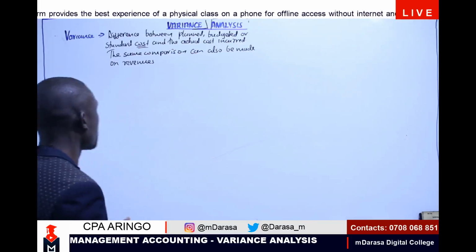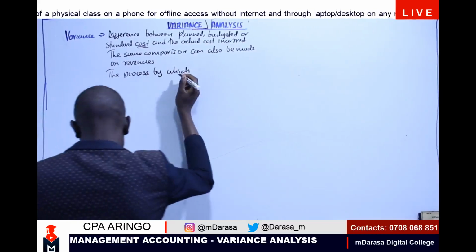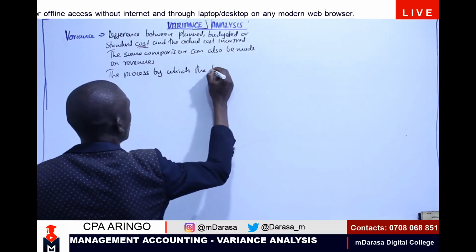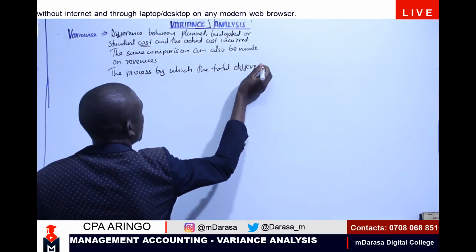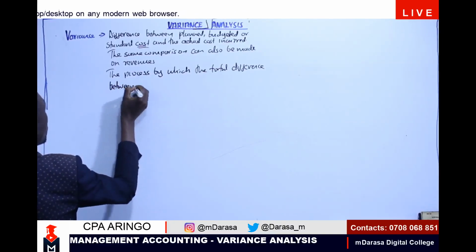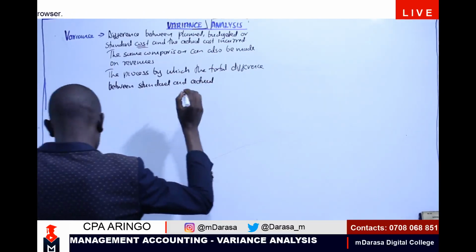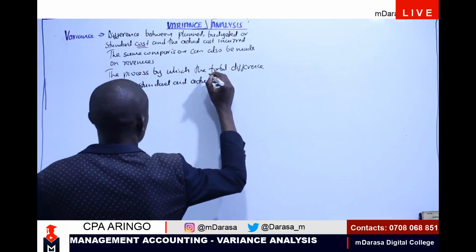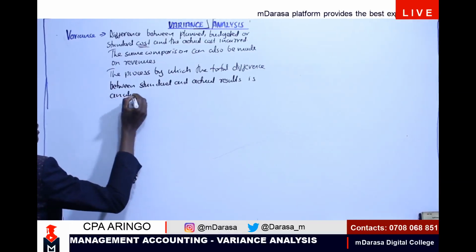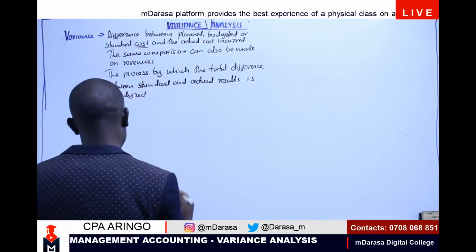The process by which the total difference between standard and actual results is analyzed is known as variance analysis.